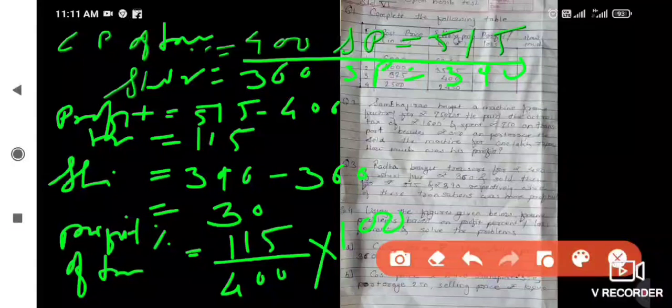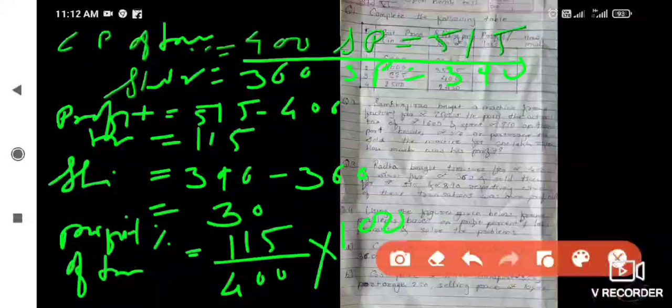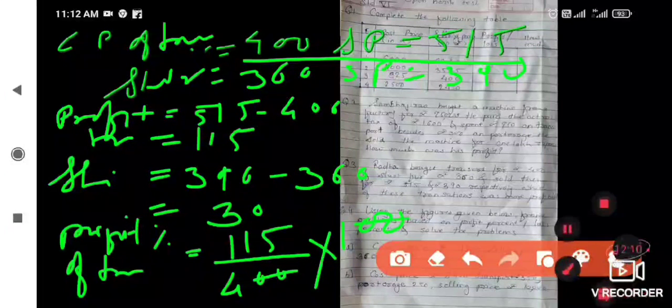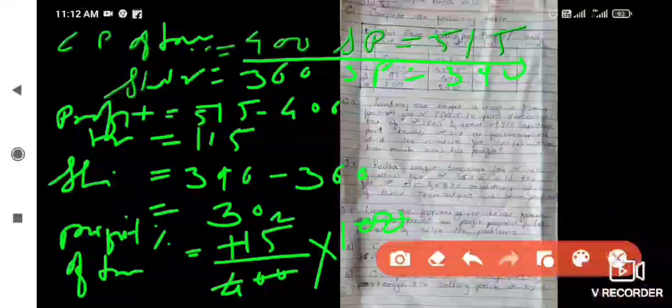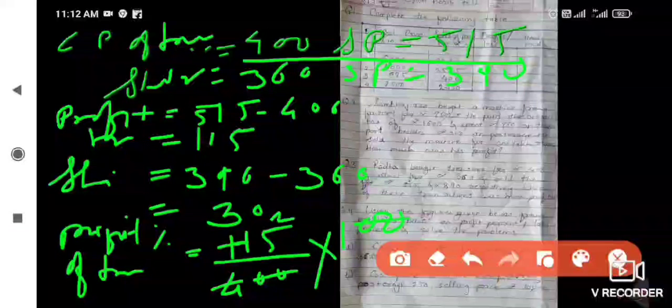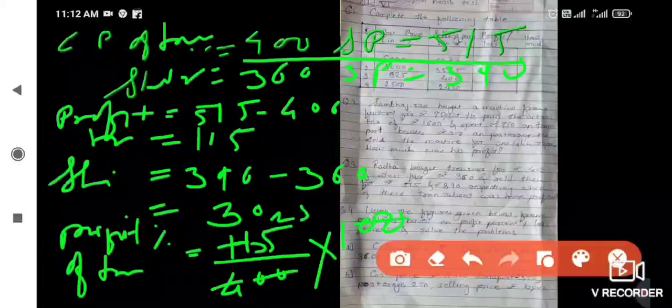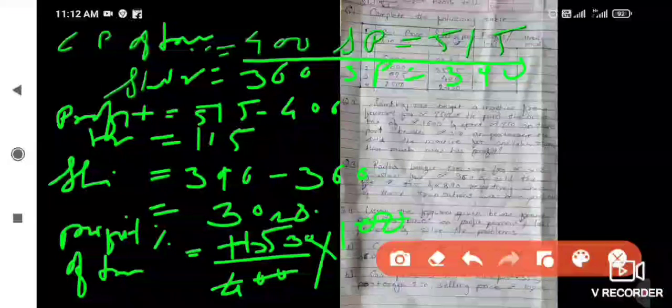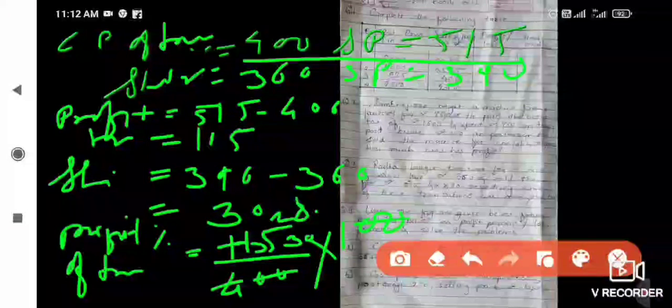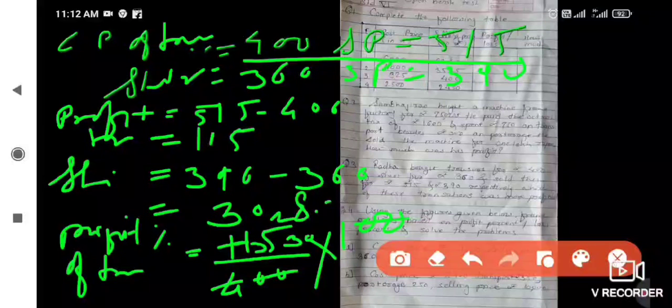So here, when you solve, the zeros get cancelled with these zeros. Then 4 ones are 4, 4 twos are 8, remains 3, 4 eights are 32, remains 3, point, 4 sevens are 28, remains 2, 0 take, and 4 fives are 20.